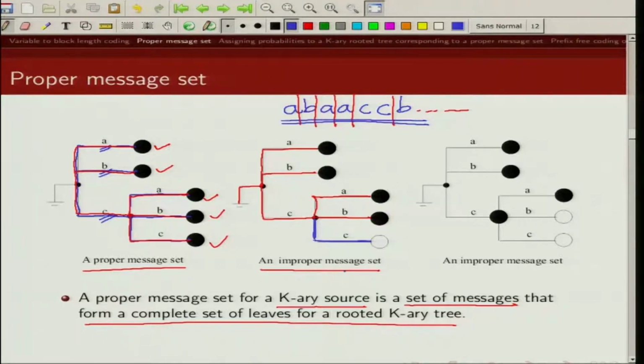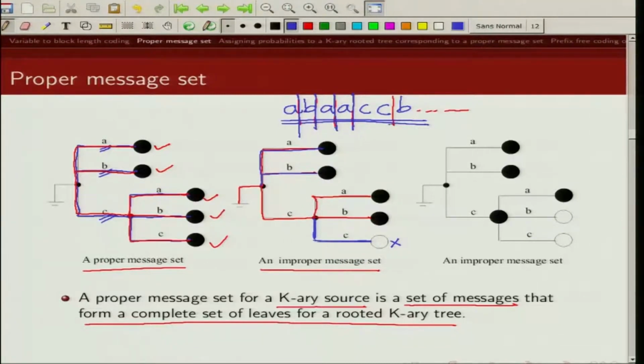Now look at this particular example. The problem with it is, since we are not using this leaf, whenever our input sequence CC comes, we are not able to parse it into a block of data. So if I get an A, my input stream is parsed. If I get a B, the input stream is parsed. I again get an A, parsed. Now if I get a C, note that I need to look at the next bit.